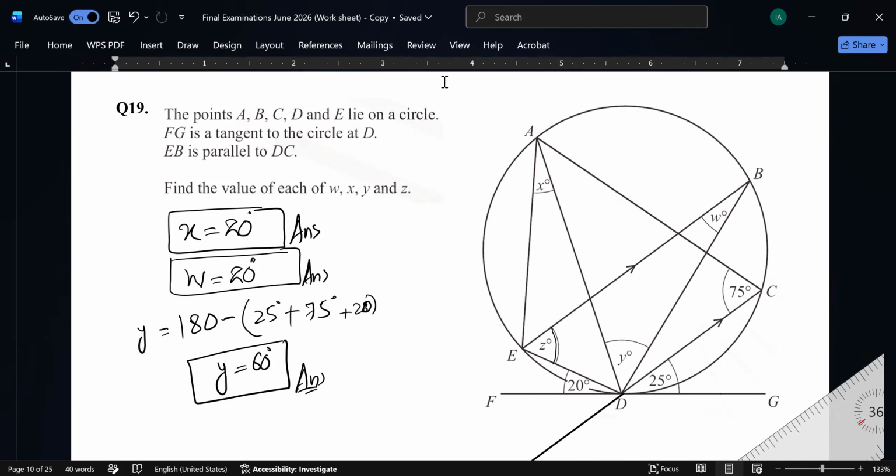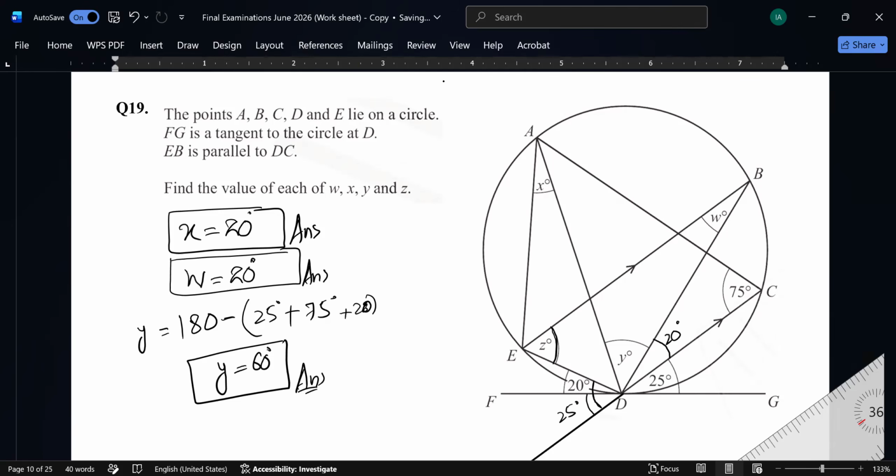What happens? This angle z will be equal to this whole angle. If you remember, this angle we found as 20 degrees, and this is going to be 25 degrees.